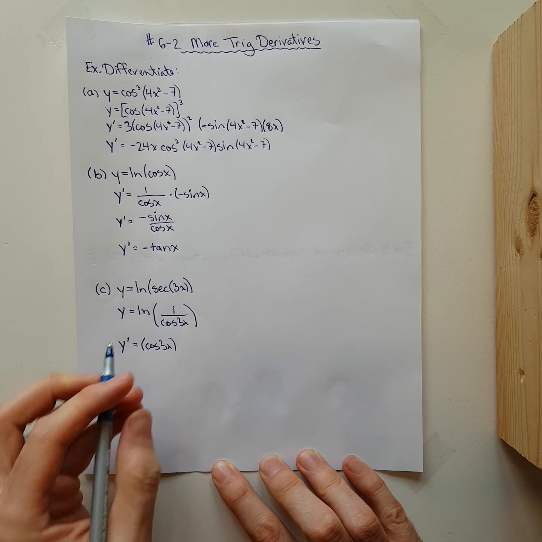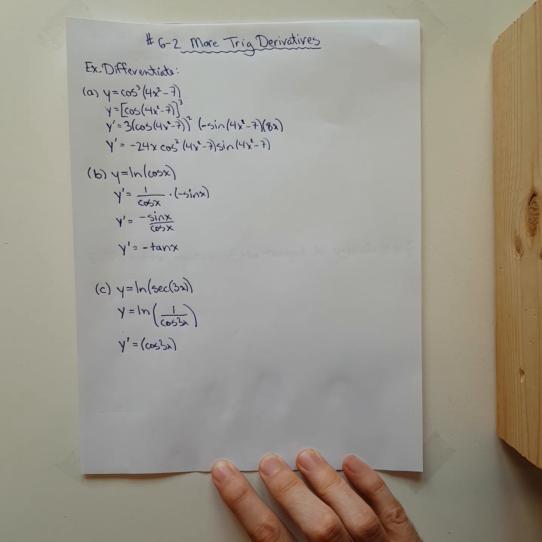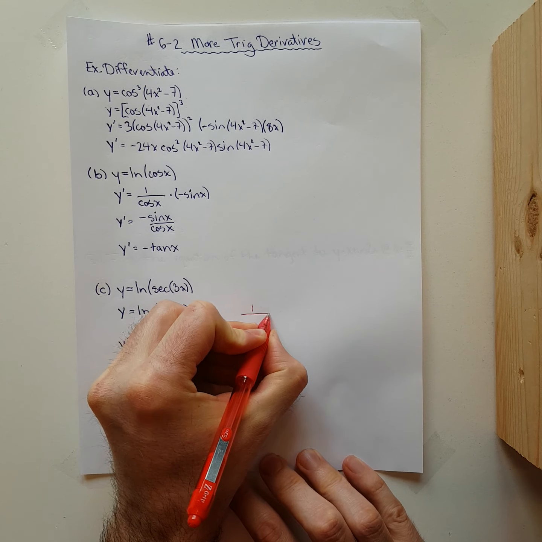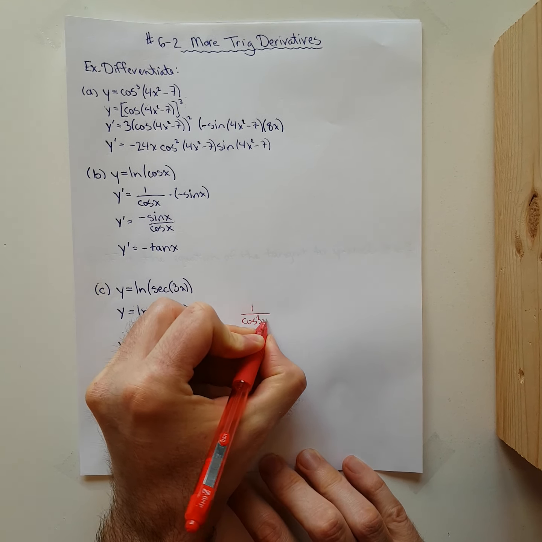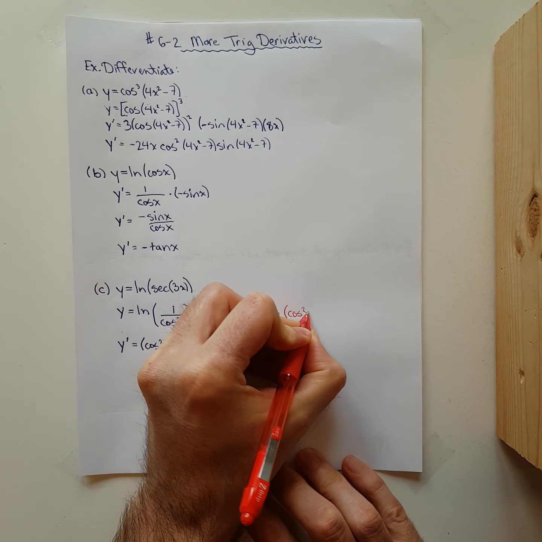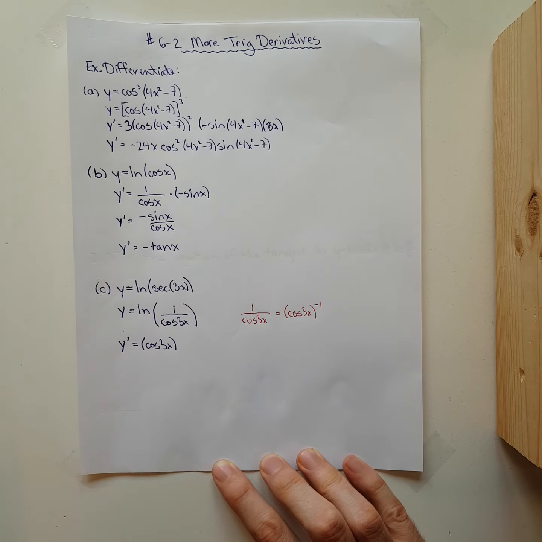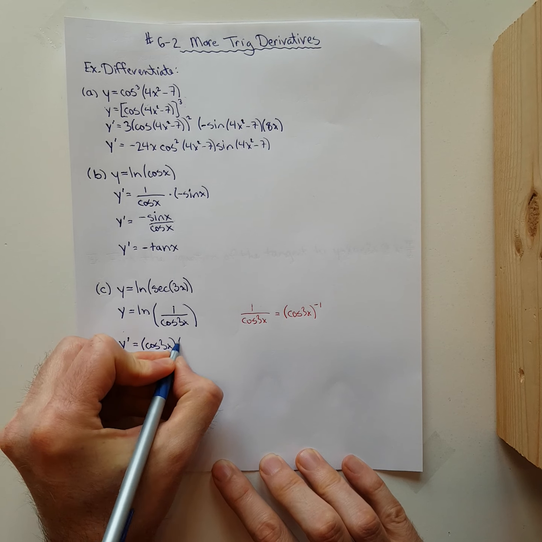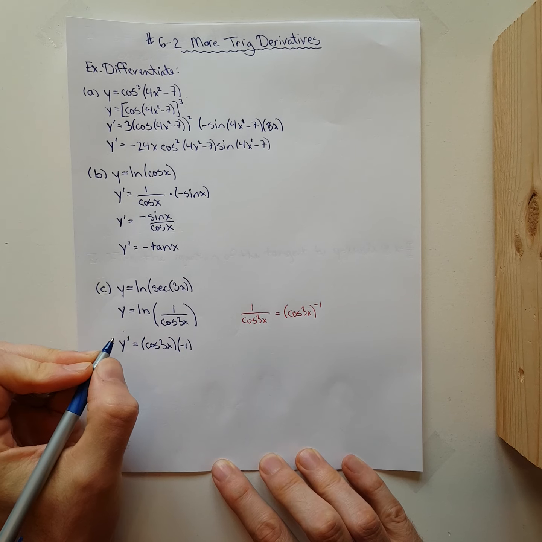Now I need to take the derivative of the inside, and I'm going to think of this here. I'll write it on the side. Instead of thinking of it this way here, I'm going to remember that I could actually just do this with an exponent of negative 1. That would allow me then to use my power rule. So my outer function then would be negative 1.